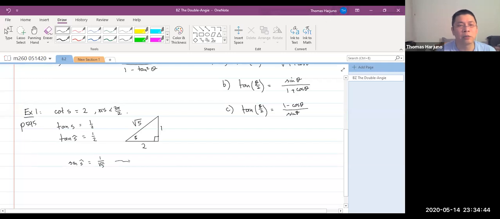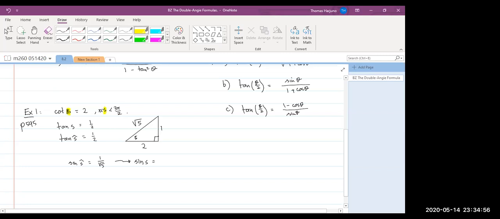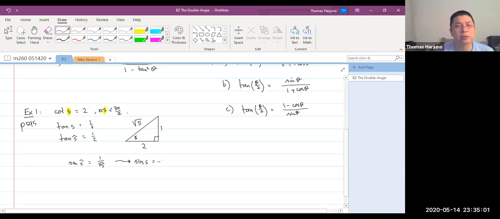Now can you tell me what is sine S then? Positive or negative? That's negative, right? Because S is in quadrant 3. Okay. So negative 1 over radical 5.